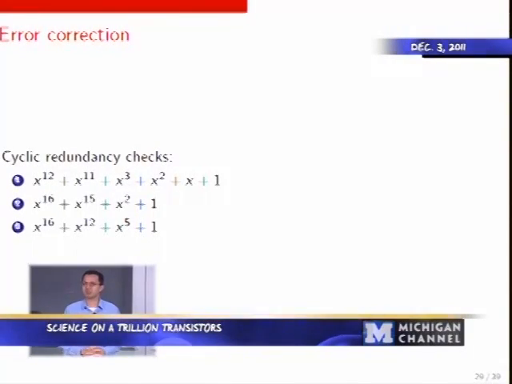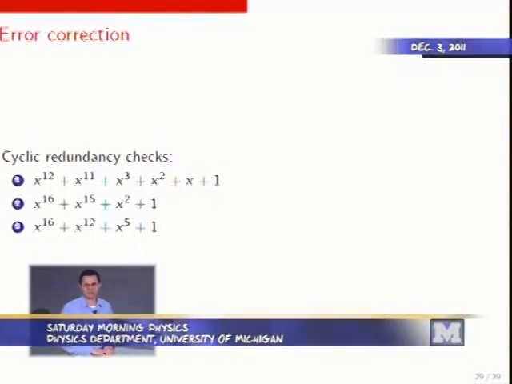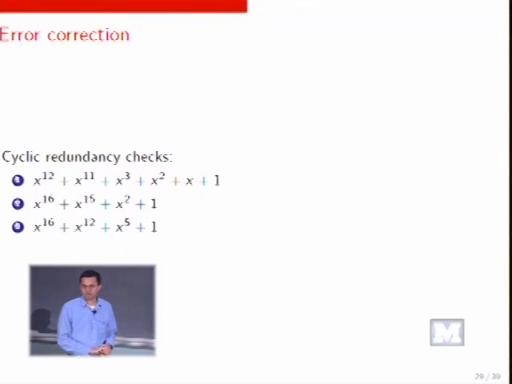Exactly how it is done, I'll not describe here, but I have written down certain polynomials. These polynomials are used by a lot of networks in actual use in order to do error detection. The slide says error correction, but the codes that these polynomials correspond to are better described under error detection rather than error correction.